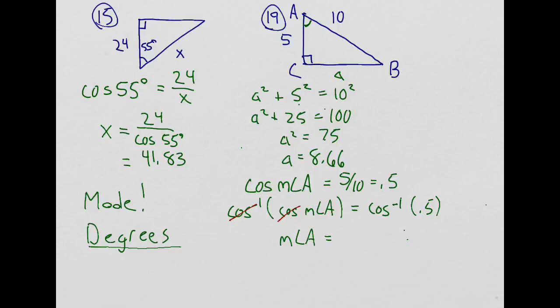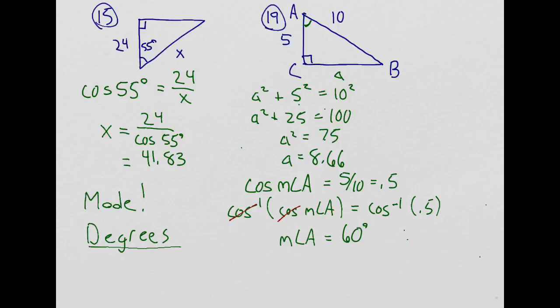If you hit the blue second key in the upper left and the cosine, that would do inverse cosine. What you're doing is finding the angle that gives you a cosine value of 0.5. And again, make sure you're in degree mode. If you put this in your calculator and do the inverse cosine of 0.5, you should get a nice round 60 degrees.